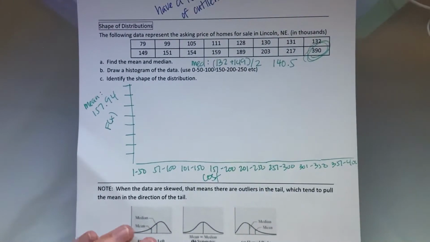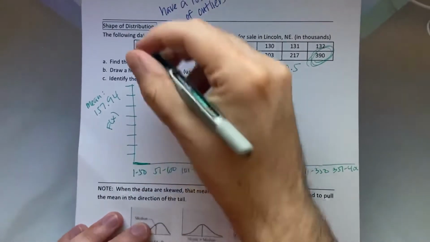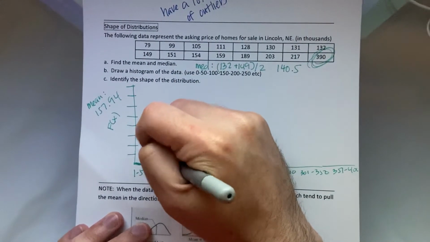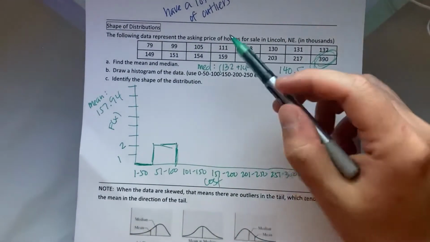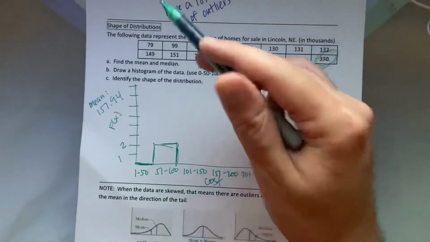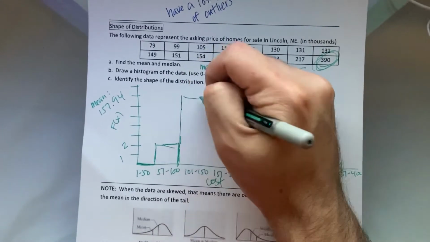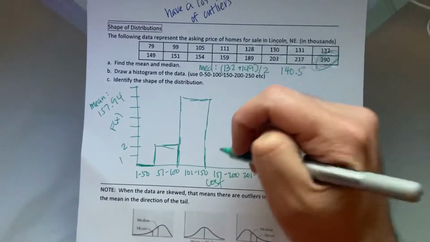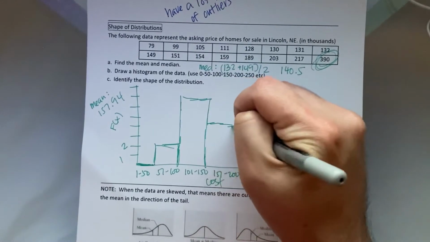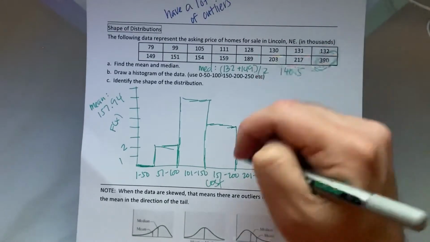So 1 to 50, there are none of those. 51 to $100,000 houses, it looks like there's 2. $101 to $150, 1, 2, 3, 4, 5, 6, 7. $151 to 200, 1, 2, 3, 4. $200 to 250, there are 2.